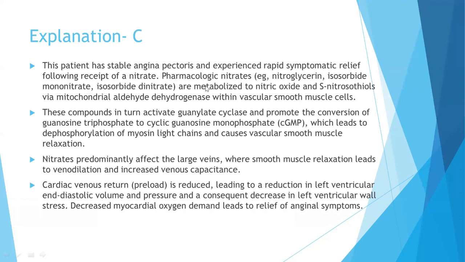Pharmacological nitrates are metabolized to nitric oxide and S-nitrosothiols via mitochondrial aldehyde dehydrogenase within vascular smooth muscle cells. These compounds, in turn, activate guanylate cyclase and promote the conversion of guanosine triphosphate to cyclic guanosine monophosphate, which leads to dephosphorylation of myosin light chains and causes vascular smooth muscle relaxation.